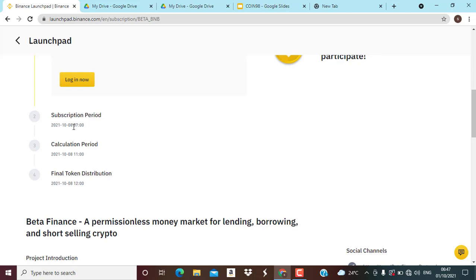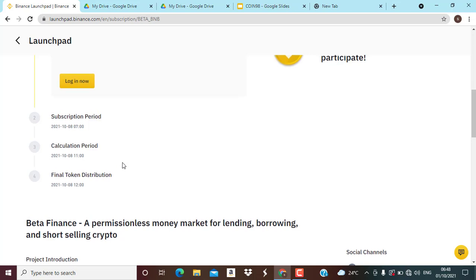And you see it right here. The subscription period starts exactly on the 8th of October at 7 UTC, and then the calculation period starts at 11, the same date UTC, and then the token distribution period will be initiated by 12 UTC on the 8th of October 2021. That is this very month right here.